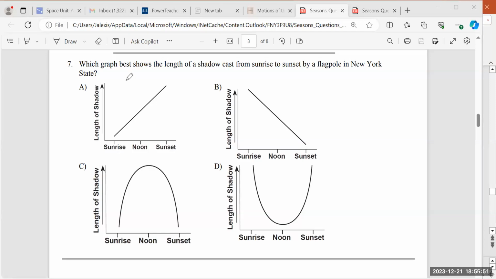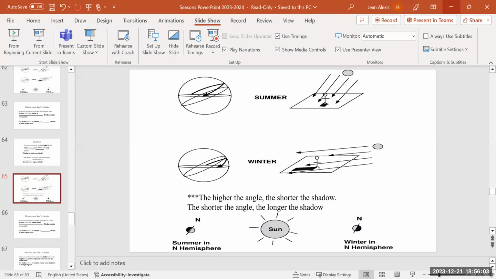All right. So in our notes, we learned a very important rule regarding the length of a shadow. What is that based on? It is based solely on the altitude of the sun. And the rule is that the higher the angle, the shorter the shadow. The lower the angle, the longer the shadow.